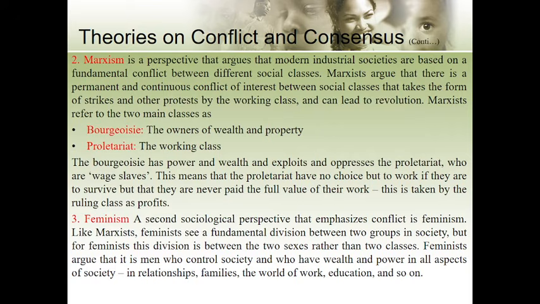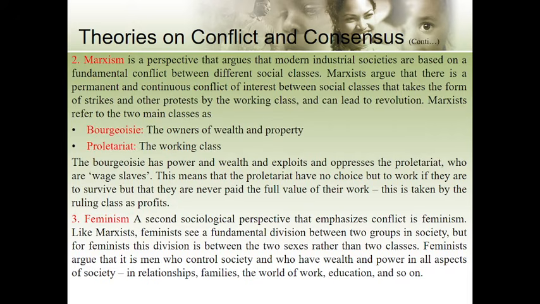The bourgeoisie have power and wealth and exploit the oppressed proletariat, who are wage slaves. This means that the proletariat have no choice but to work if they are to survive, but they are never paid the full value of their work.